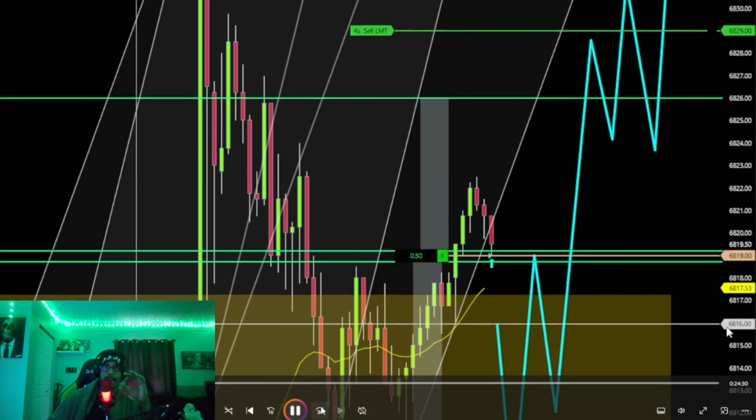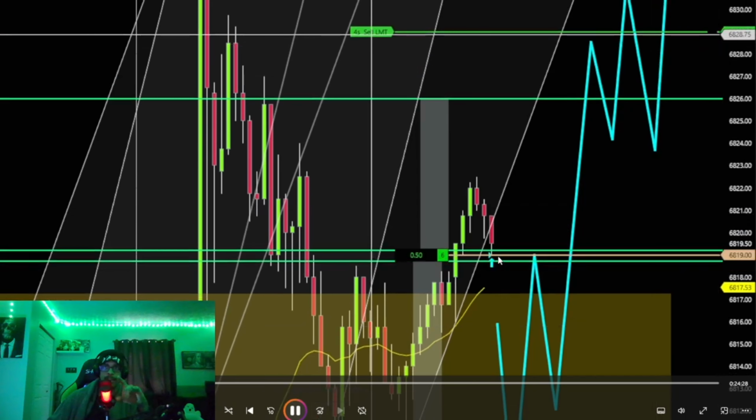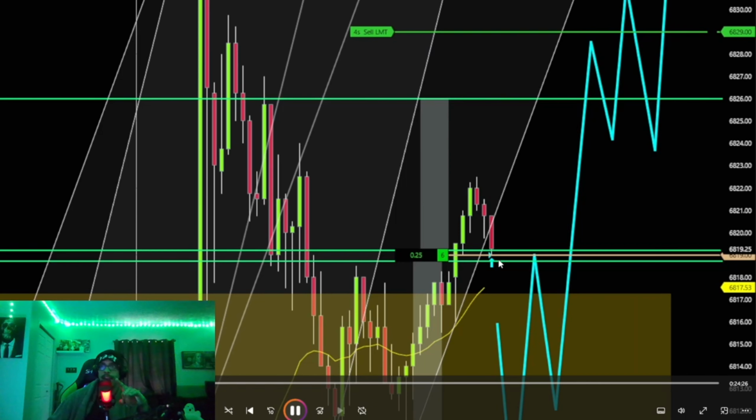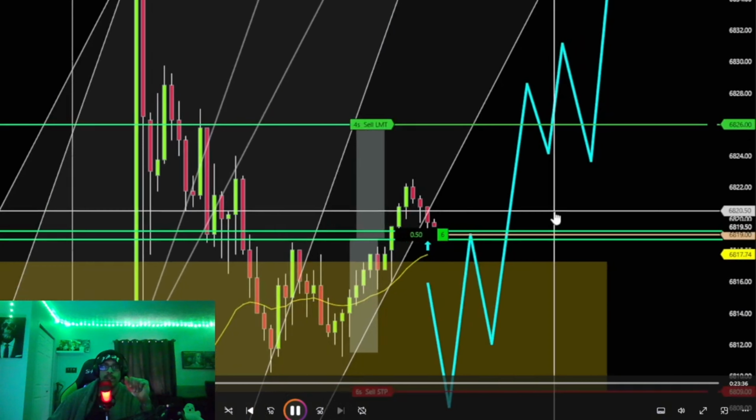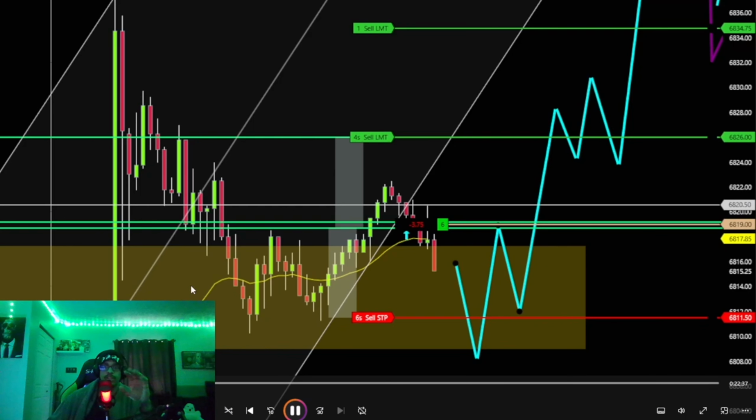So what you're seeing right now is the replay of my actual entry, which was right here at this 6819.25 area. And again, our main objective from this standpoint is to look to retest this prior high back at 6838.